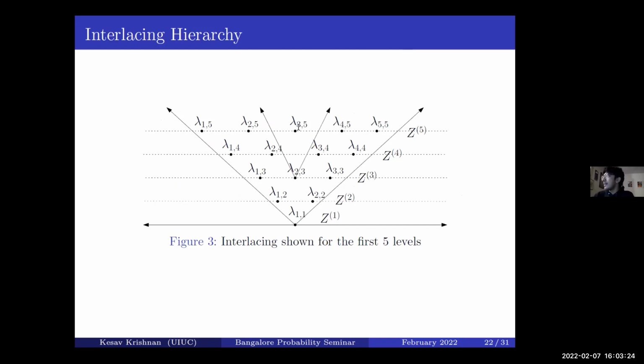Notice that whenever you have an odd number of vertices, you will always have a Lee-Yang zero situated at 0, corresponding to the fact that you can never have an all-dimer configuration. And the Lee-Yang zeros of the layer below are always situated between two zeros of the layer above.